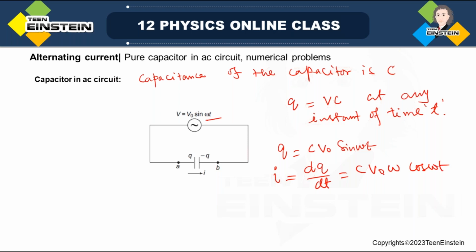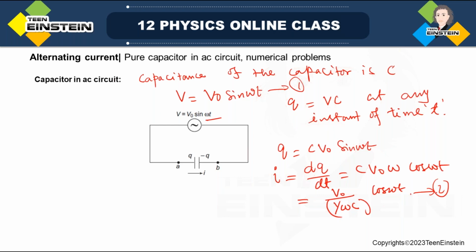So this is actually current, and this can be written as V0 by 1 over omega c, because omega and c both are multiplied in the numerator, times cos of omega t. Since I have voltage, I'll write once V0 sin omega t. I need to find out the relation between these. This is equation number 1, and this is equation number 2.